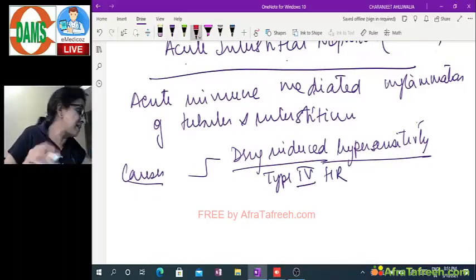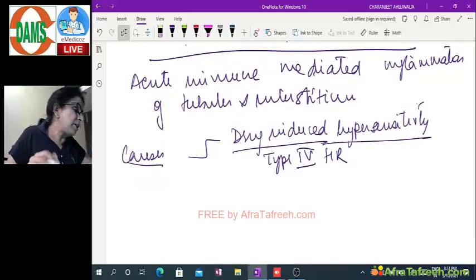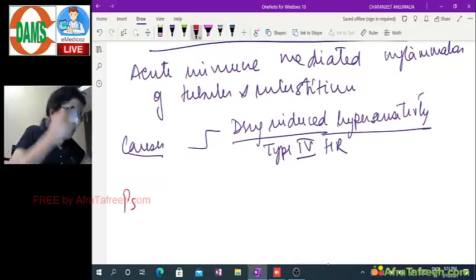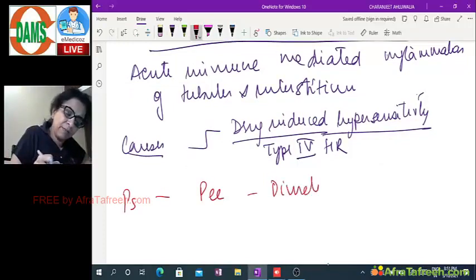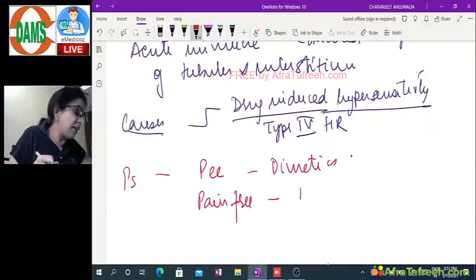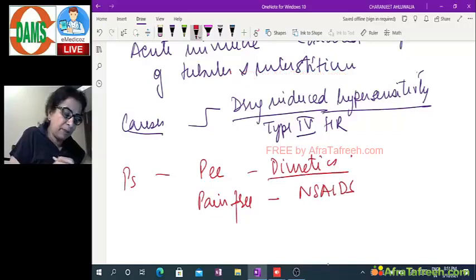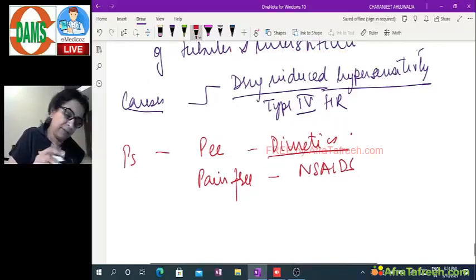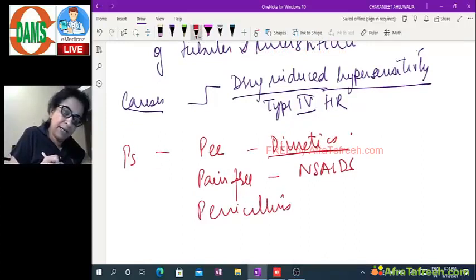अच्छा, यहाँ पर drugs के नाम याद करने हैं आपको. So remember the P's. So which are the drugs? Number 1, diuretics. Number 2, pain killers, the second P. ये कौन सी drug है? NSAIDs. Then third P is for penicillins and cephalosporins.